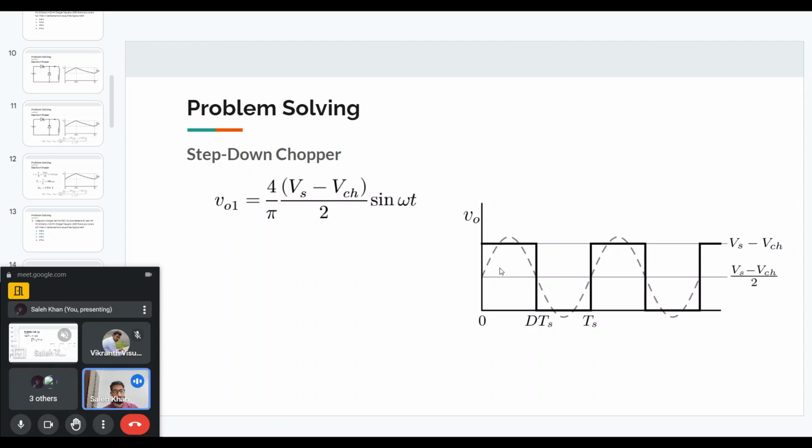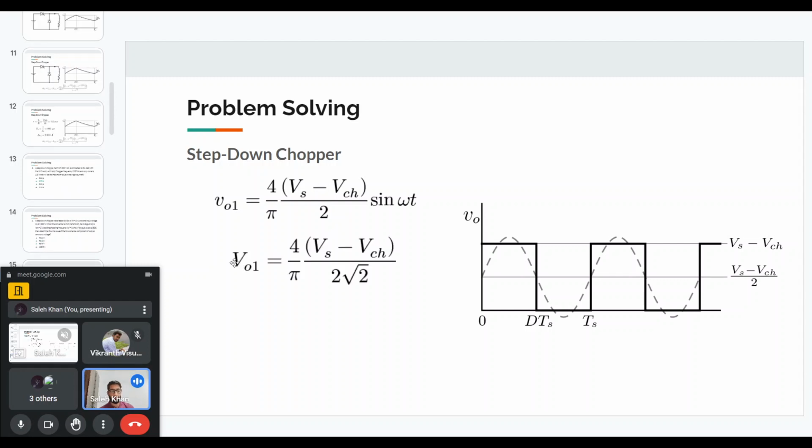And then we will have sine omega t, and omega in this case will be 2 pi into the switching frequency. But we don't require the omega t here because the question is asking about the RMS value of this fundamental. So this is the fundamental of the output, and the question is asking about the RMS. And you can see for a sine wave, the RMS will be the peak divided by root 2.